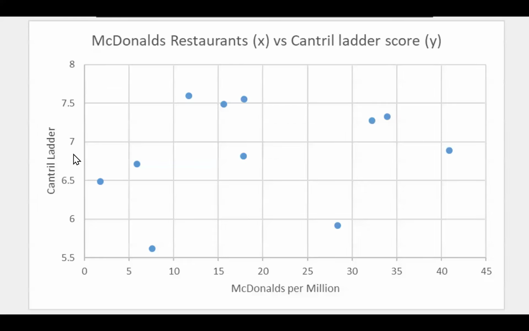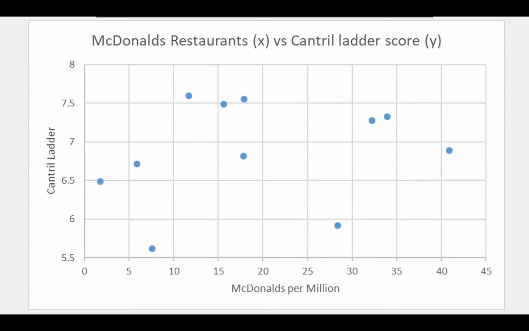Let's talk about an example that we saw earlier. We did an example with McDonald's restaurants and the happiness level measured by a Cantrell ladder score. And we saw that the R value here was like 0.2163. That means these two variables don't seem to be in a pattern.